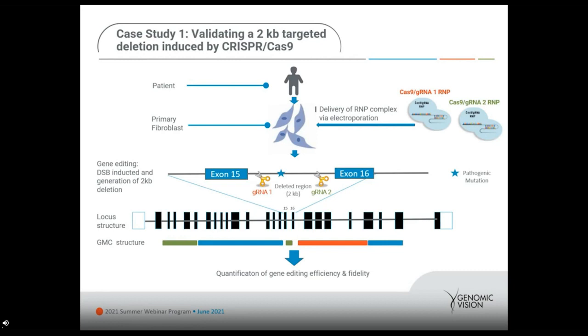So we designed a set of probes composed of probes of different size, color, and spacing, that create a unique barcode that we call GMC, for Genomic Morse Code, that is really specific to the target locus. The scheme of this GMC is depicted here at the bottom of the slide.